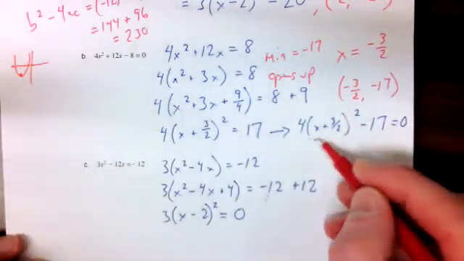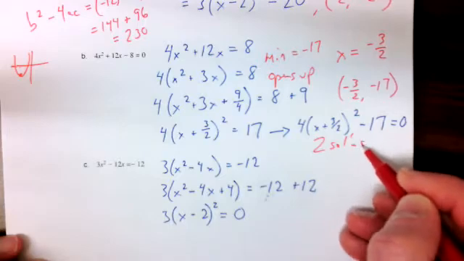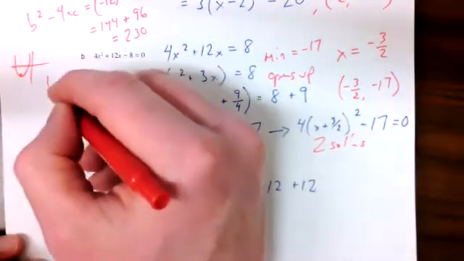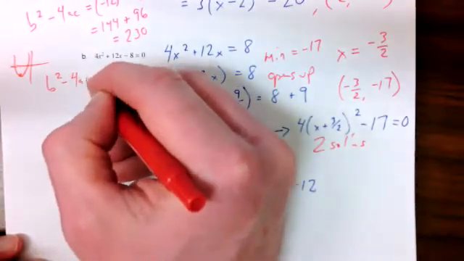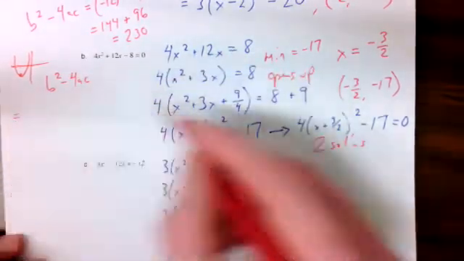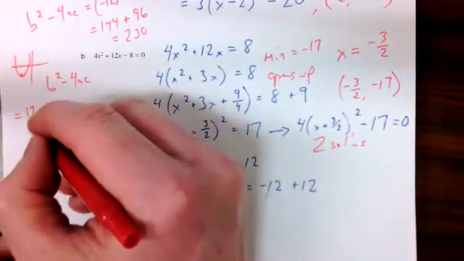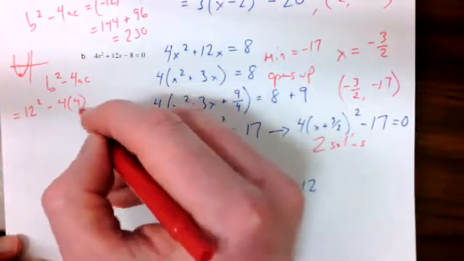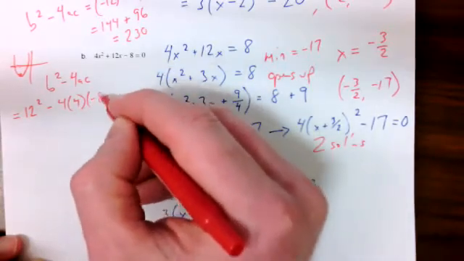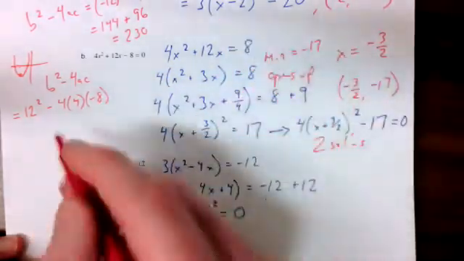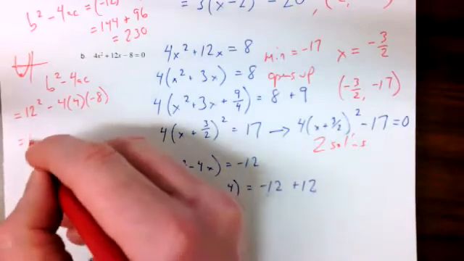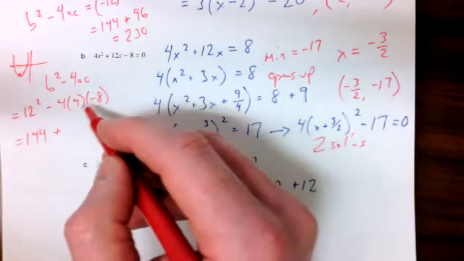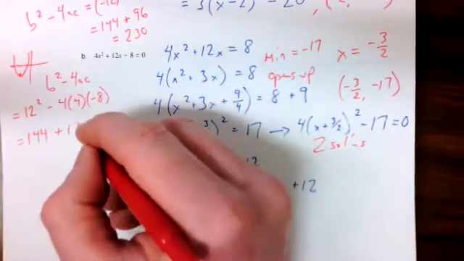There are 2 solutions. Giving myself room for B squared and so on. The discriminant, B squared minus 4AC. B is 12. Who did this? 12 squared minus 4 times A, which is 4, times C, which is -8. 16 times 8. 12 squared is 144 plus, what's the best way to do this? 32 times 4, 64, 128.